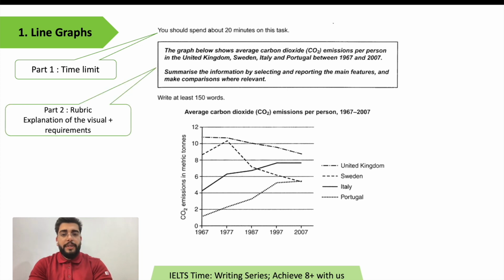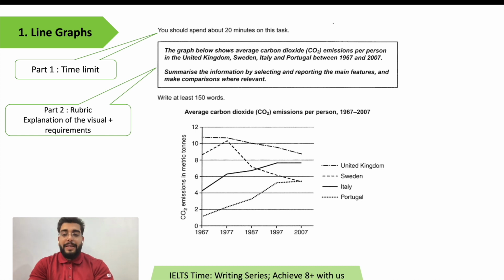The second part is the instruction, also known as rubric. It includes the explanation of the visual plus the requirements. The requirement: summarize the information by selecting and reporting the main features and make comparisons where relevant. Summarize the information. Okay, this part is very important. You must summarize the information.